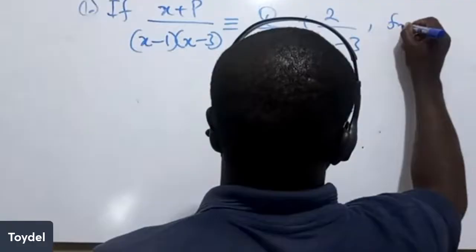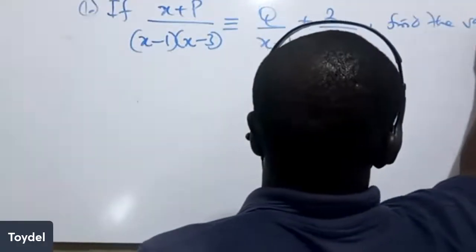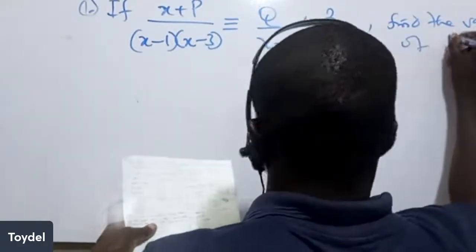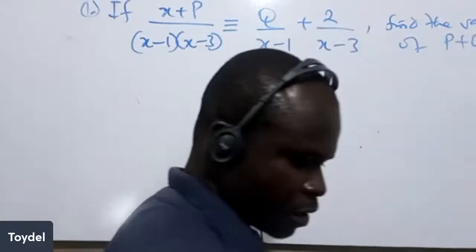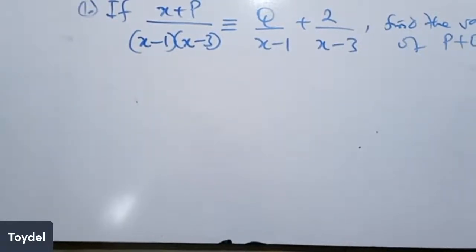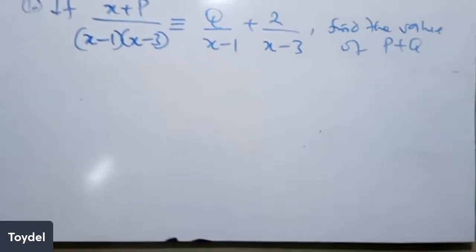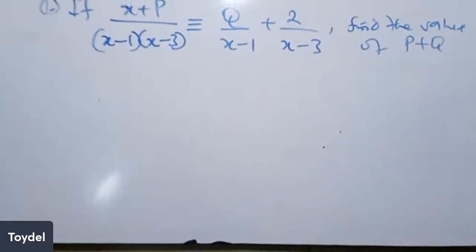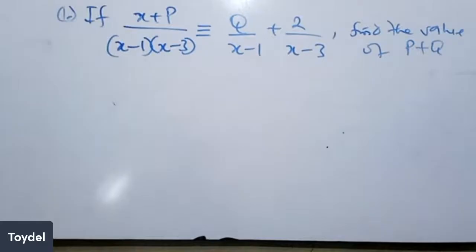The question now says find the value of p plus q. That is what we are asked to find. So that is a partial fraction. We are given a partial fraction as we have it on the board.